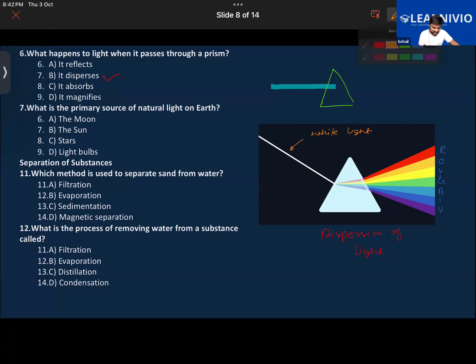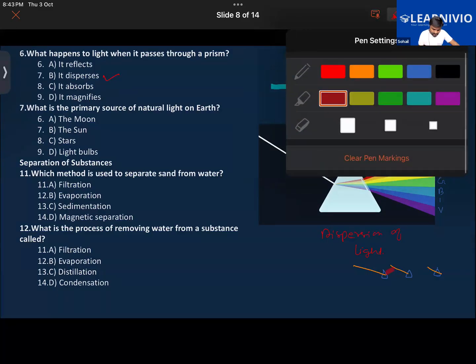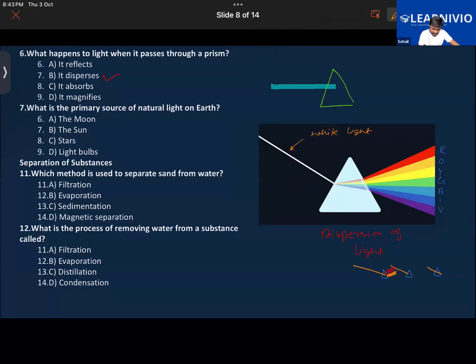So what basically happens is, whenever there's a rainfall, there are tiny droplets of water in the air like this. So that tiny droplet of water will be acting like a prism, and as the light ray passes through all these droplets of water, they will get split into the red, orange, yellow, and green colors, and so on.